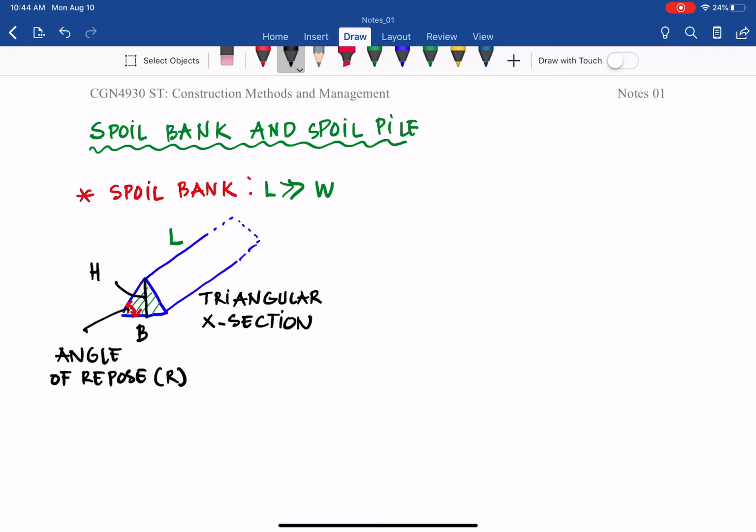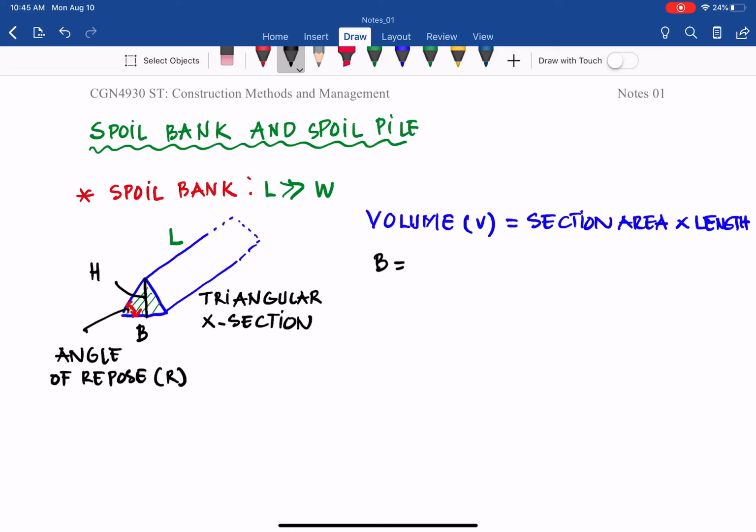With the triangular cross section spoil bank, what does the volume look like? Very naturally, the equation is: V equals the cross section area times the length L. And then we have the B, the base. How can we determine the base?